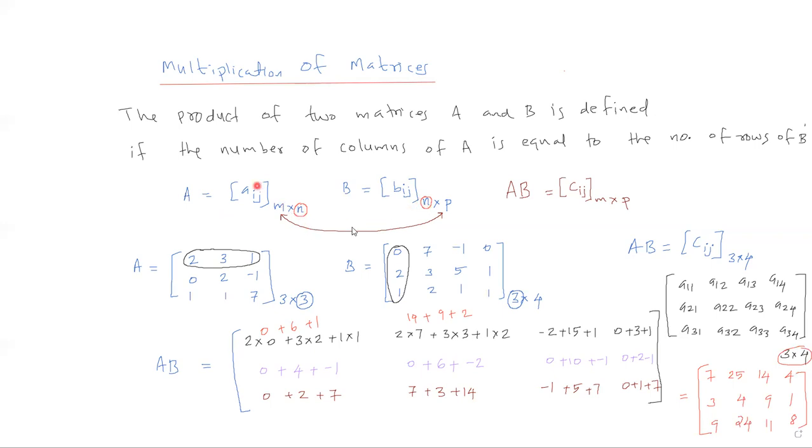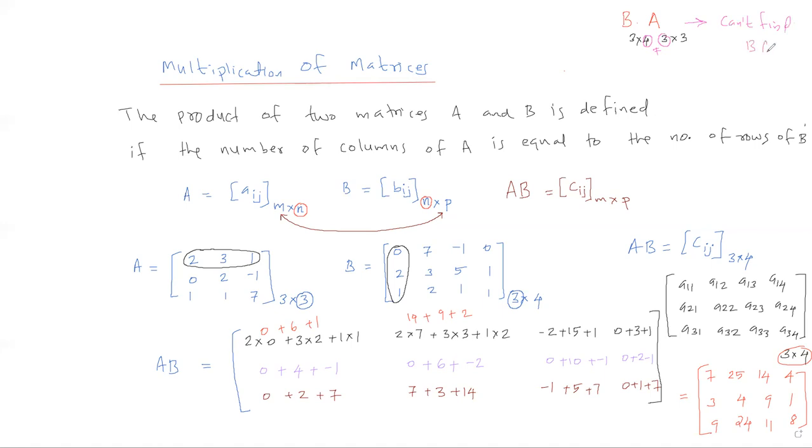Then the product AB will have the order first's m by p. Understood? Genuinely a question will come: is A into B and B into A the same? Here in this particular example, if you want to find B into A, the order of B is 3 by 4 and the order of A is 3 by 3. The number of columns of the first matrix is 4, the number of rows of the second matrix is 3. They are not equal, so we can't find their product.